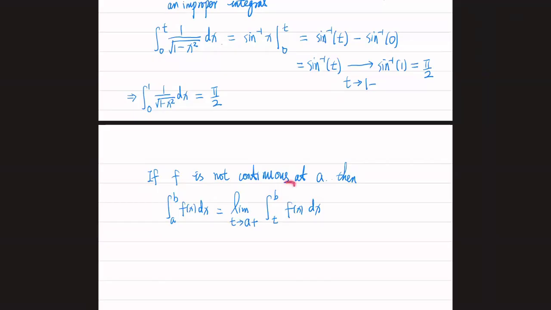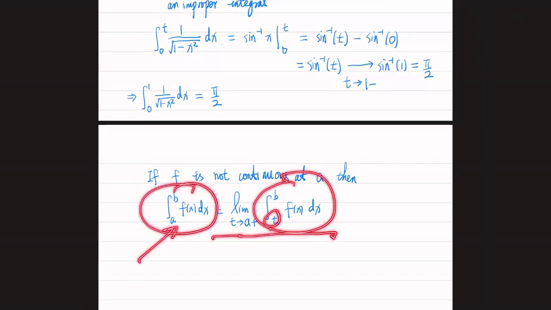We first find this integral, then we let the lower limit approach a. If this limit exists, then we say this improper integral is convergent.